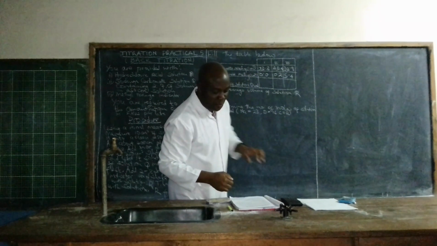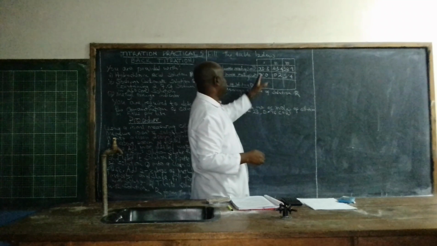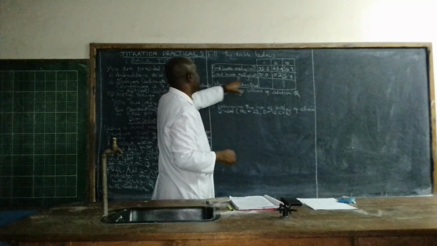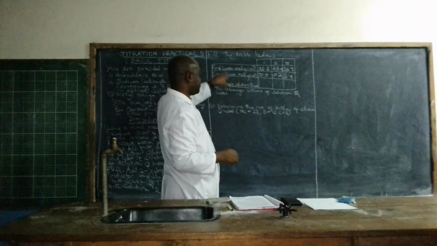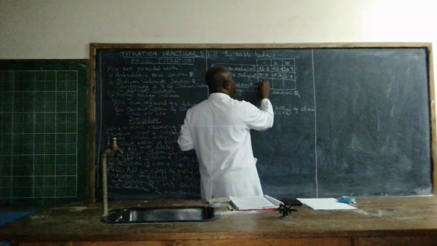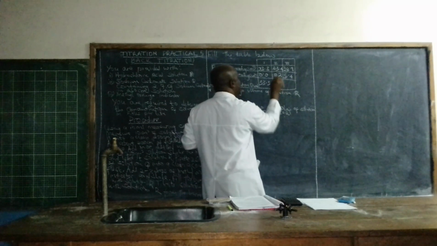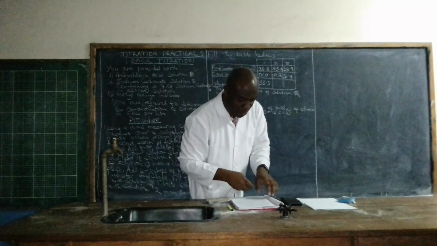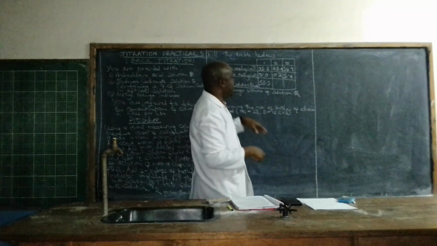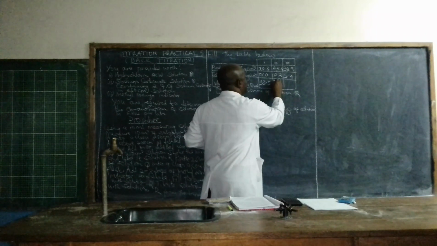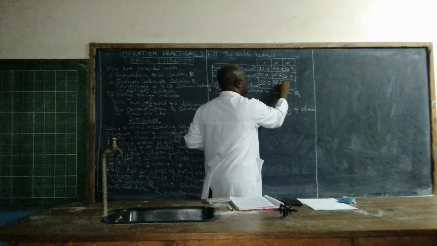After we have done that, we are supposed to subtract the initial burette reading from the final. After the subtraction, it gives us 33.3 here, and then here, if we do our subtraction properly, we get 33.2.